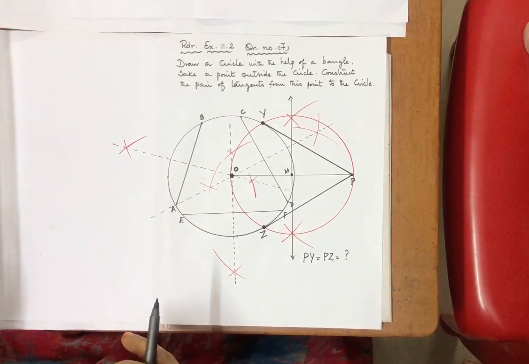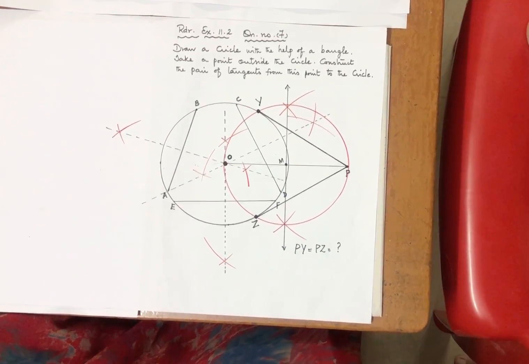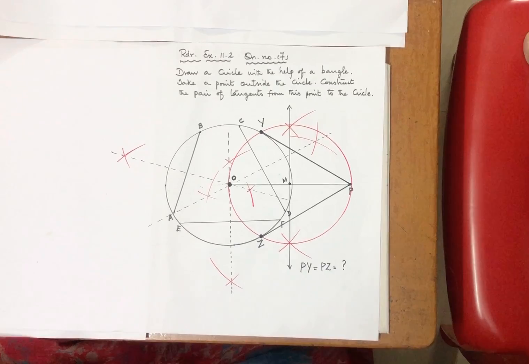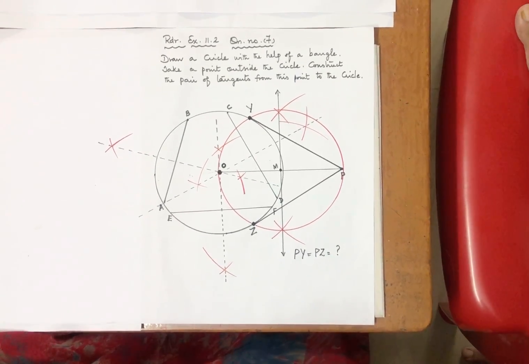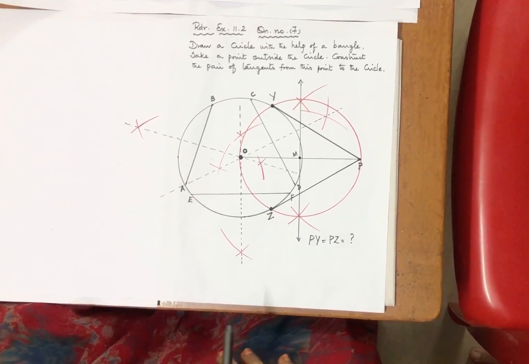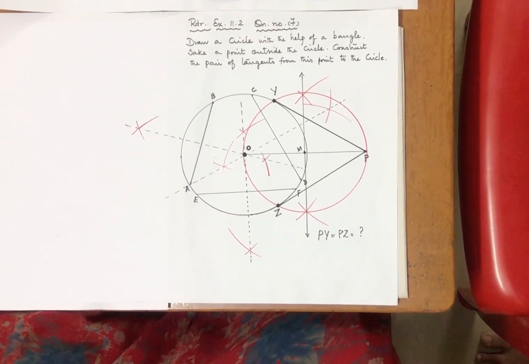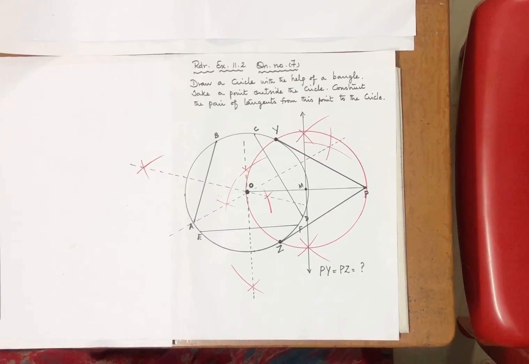Okay, so this is the last question in that exercise. Here they are asking you to make a circle without using the compass. You are making a circle with the help of a bangle or a lid. Circular thing only you should take. Then you find the center of the circle.